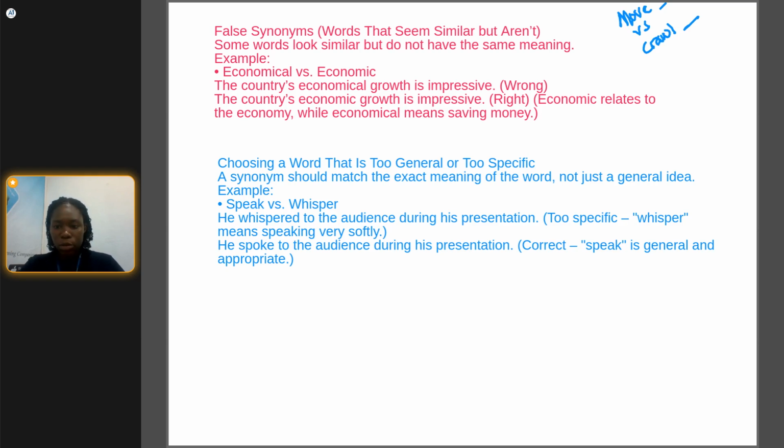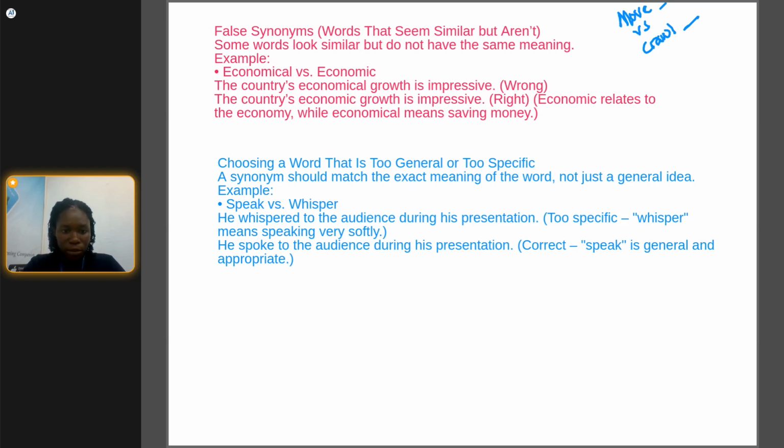All right, we move to the next point. That's the sixth point, and the sixth point is mistaking negative words for positive words. There are some words that actually sound positive, but they are negative, and there are some words that sound negative, but they are positive.